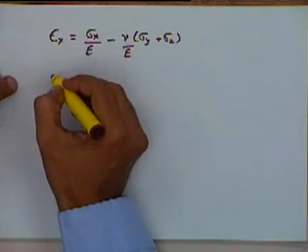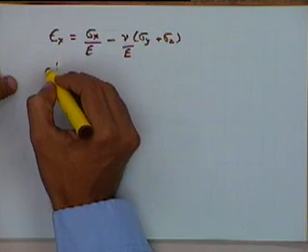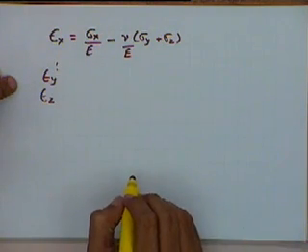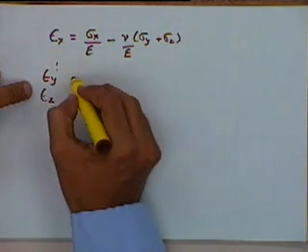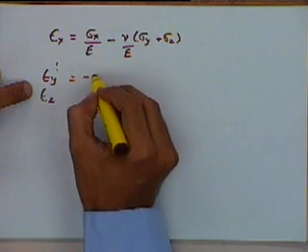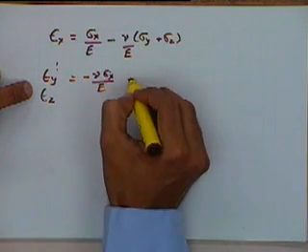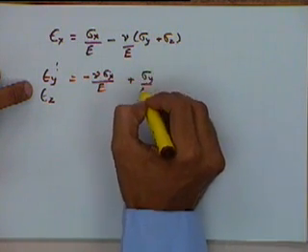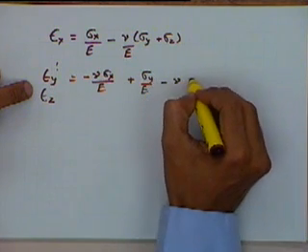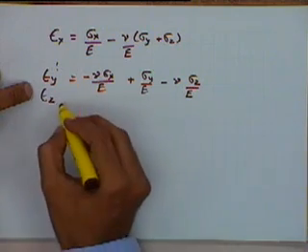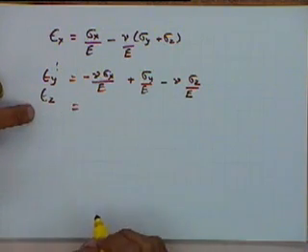Similarly, we will have equations for epsilon y and epsilon z. For instance, epsilon y would be minus nu sigma x by E plus sigma y by E minus nu sigma z by E. Similarly, you can write for epsilon z.